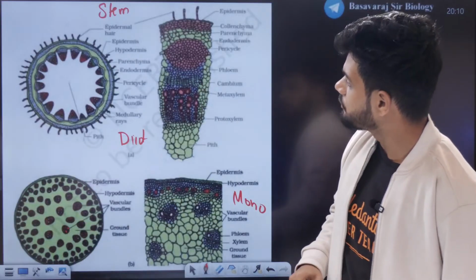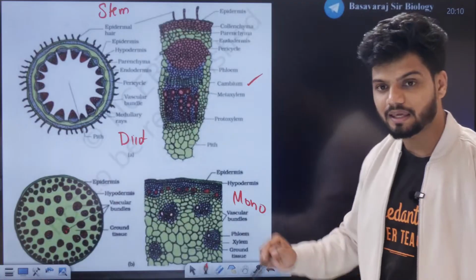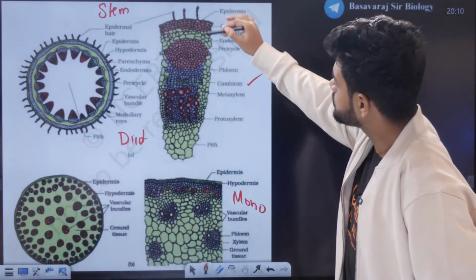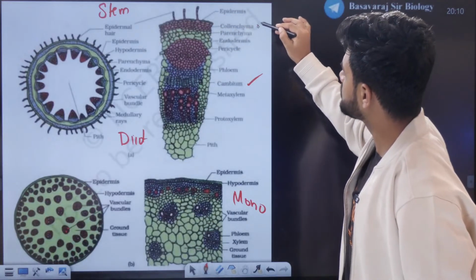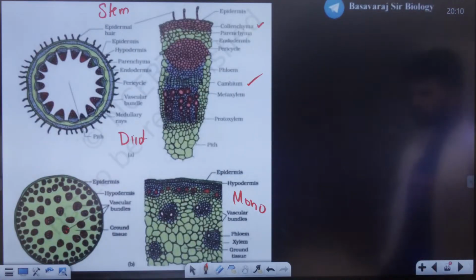Apart from that, you can also see the cambium here. The cambium is absent in the case of monocot. In dicot, the entire cortex is divided into hypodermis, cortical layer, and endodermis. In monocot there is no such differentiation.